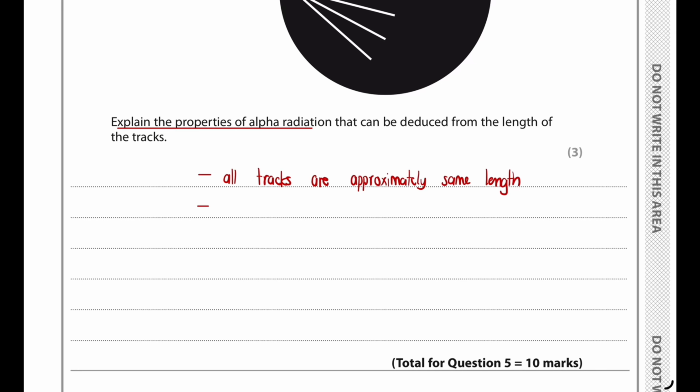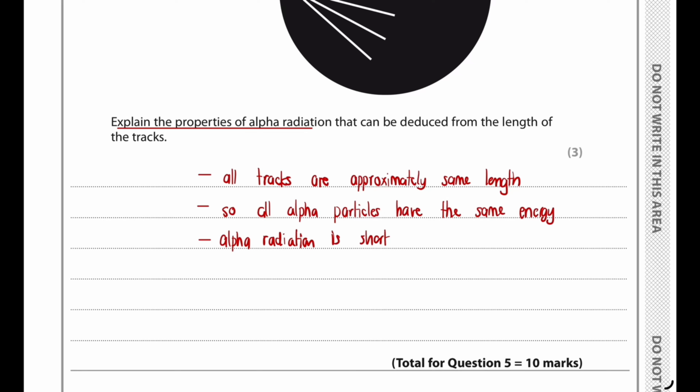Then, so all alpha particles have the same energy, and alpha radiation is short range because the tracks are short.